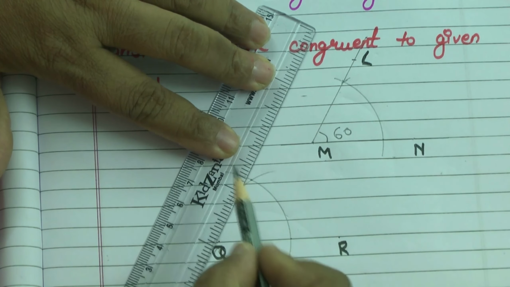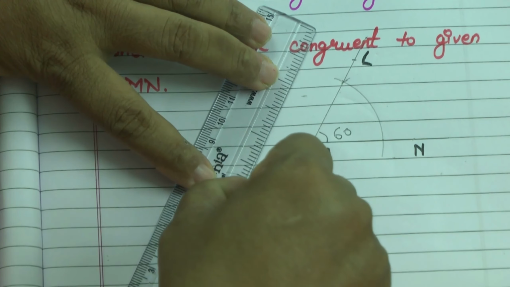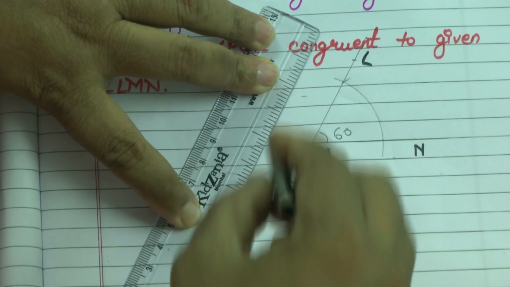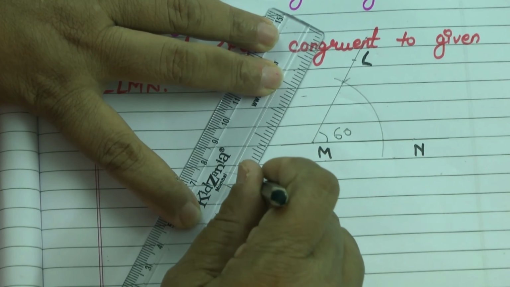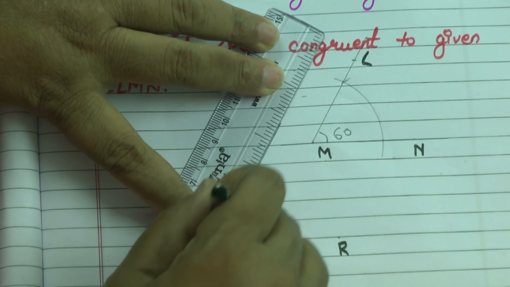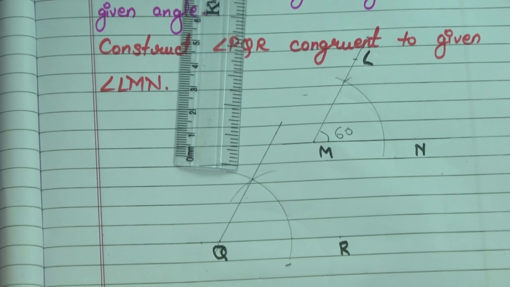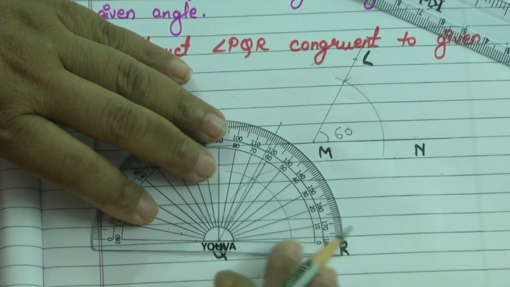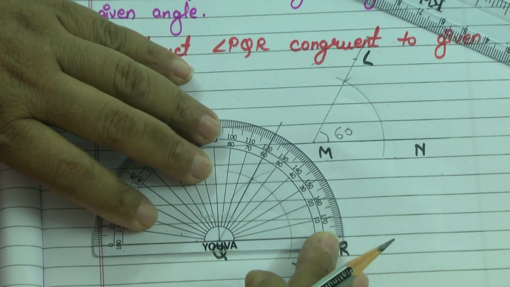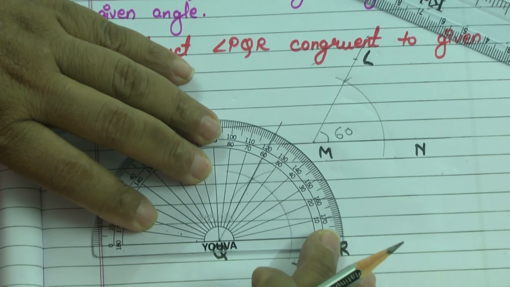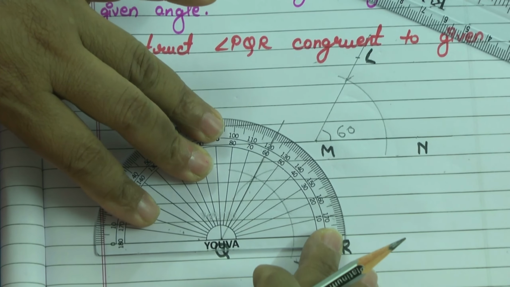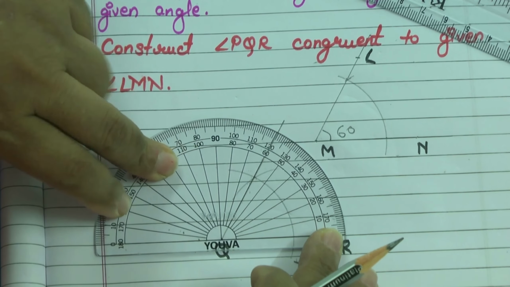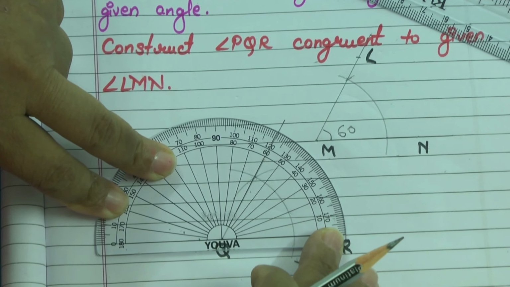Always give a compression on the point so that while joining the point you don't make any mistake. And if I measure, it should be 60 degree. See children, it is exactly 60 degree. So without the use of protractor, we have drawn an angle equal to the given angle.